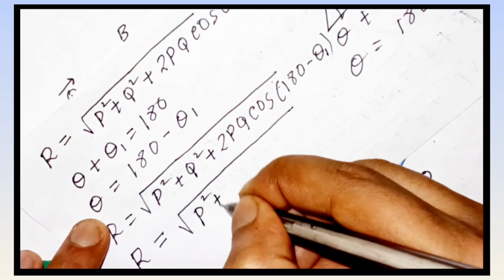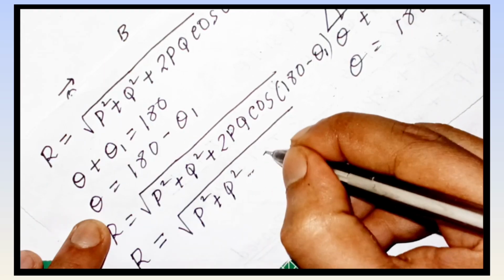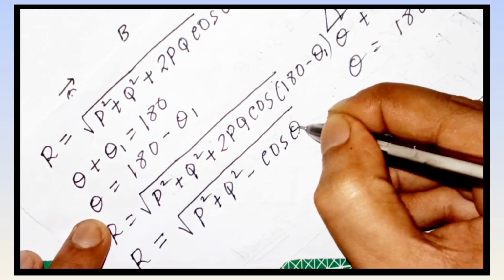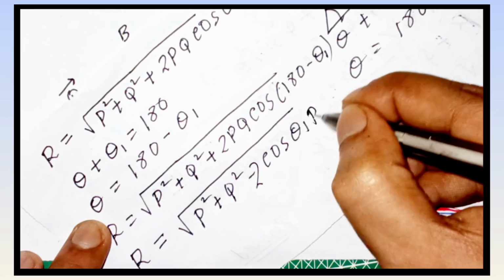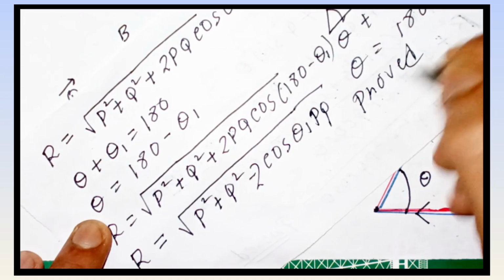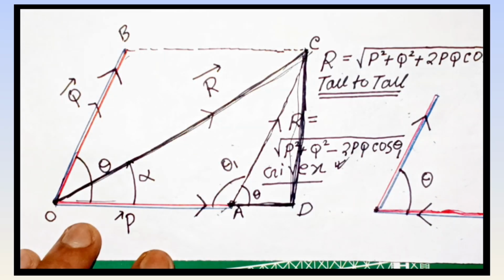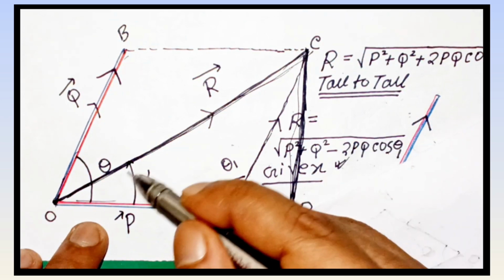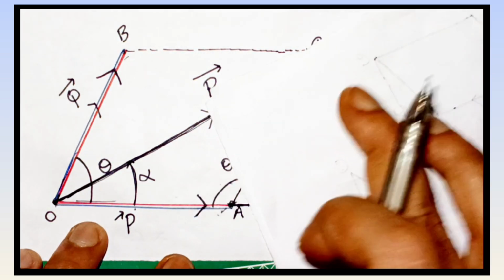So the equation becomes P square plus Q square minus 2PQ cos theta 1. Anyway, this is our formula, but remember, this is head to tail attachment. For head to head or tail to tail it is plus 2PQ.